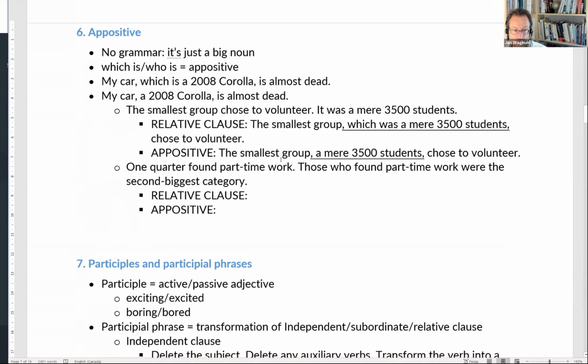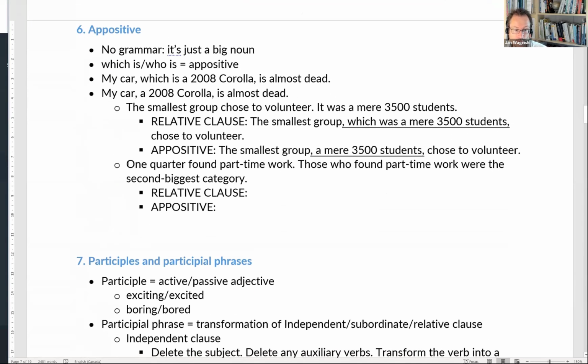Okay, another example. 1/4 found part-time work. Those who found part-time work were the second biggest category. Excuse me, sir. In this sentence, a mere 3,500 students, there's a and then there's students. So is it okay? Yes, a mere means the same as only.